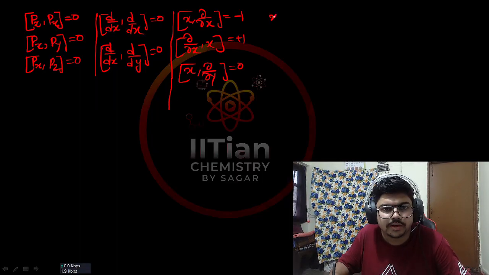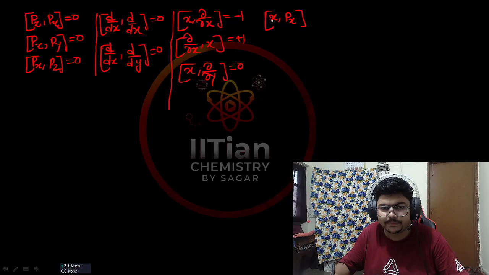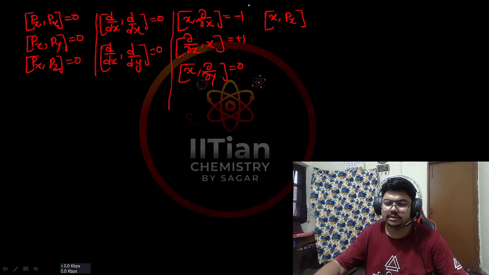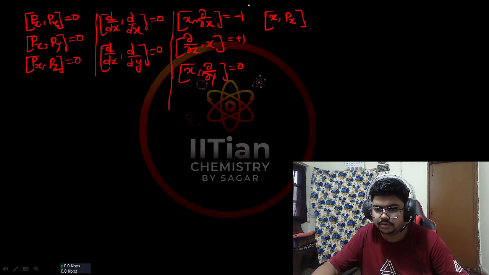Now x px, we have previously solved that, right? x comma px, maybe minus i h cross, we have already solved that.